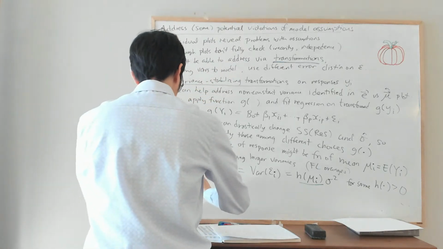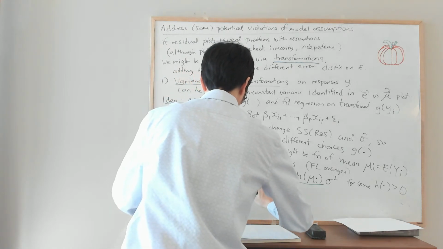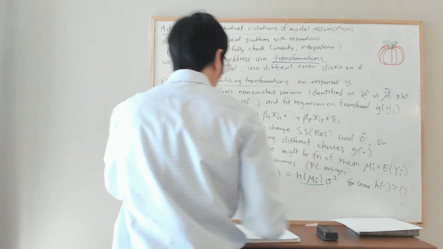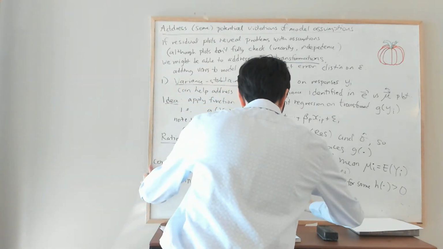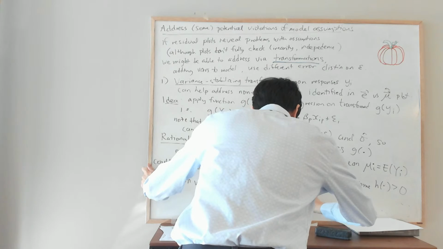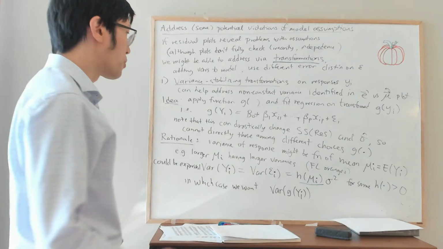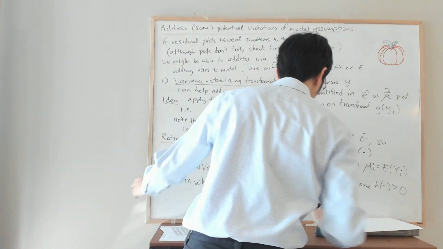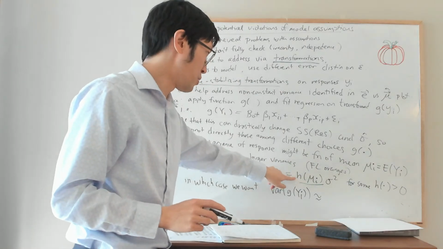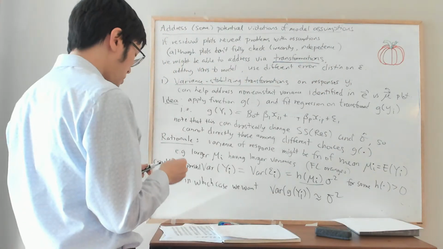We want the variance after transformation to g of yi to be approximately constant, in other words, to cancel out this effect of the mean.